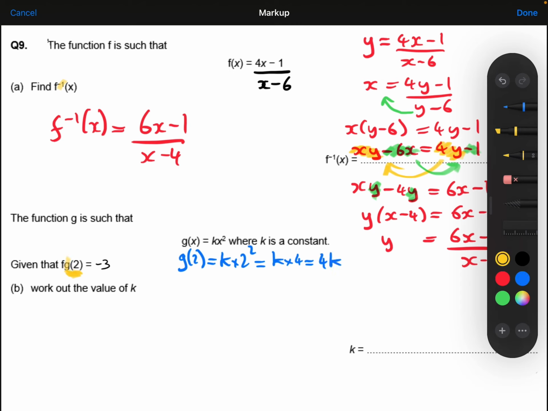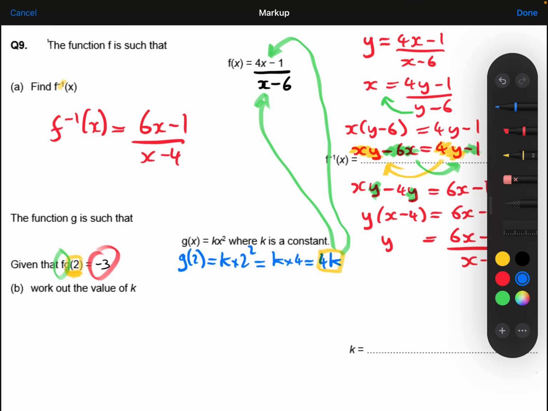So this g of 2 is equal to 4k, which we are now going to substitute into the f function. So we're going to substitute that here and here, and that's going to equal minus 3. So let's do that.